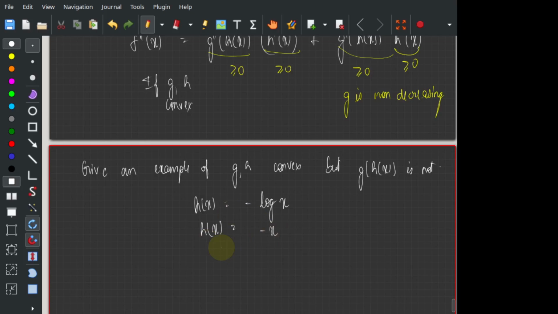Okay, so g of x is minus x. What is g of h of x? Which is concave.